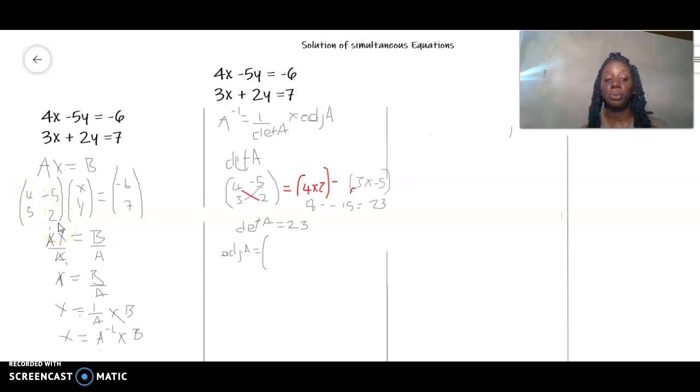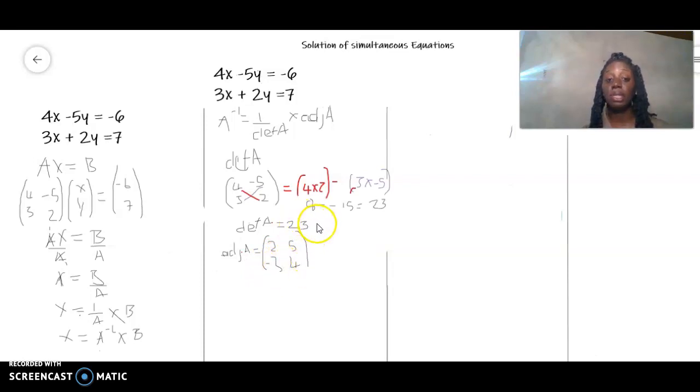So the 2 will replace the 4, and the 4 will be positioned where 2 was. Alright, then we will multiply the elements of the non-leading diagonal by -1. So -1 times -5 is a +5, and -1 times 3 is a -3.